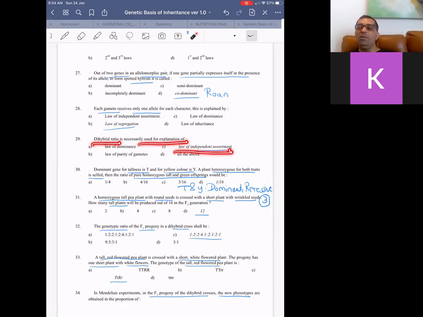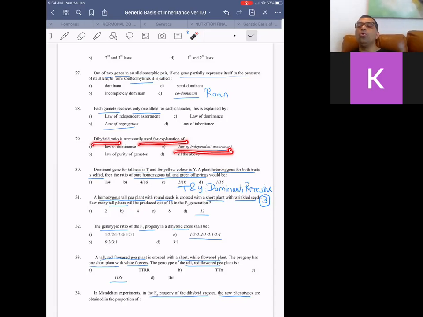Law of dominance, that is in the F1 generation the dominant character appeared, and in F2 you got reappearance of recessive character in monohybrid cross. What did we understand from that? Law of segregation and purity of gametes. So from monohybrid cross, law of dominance and law of segregation and purity of gametes.